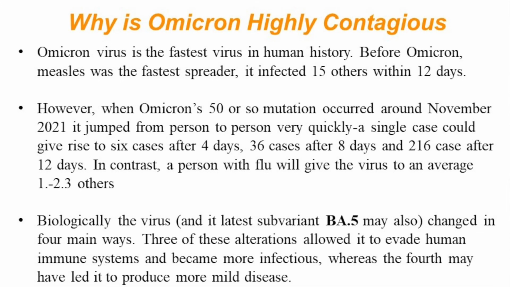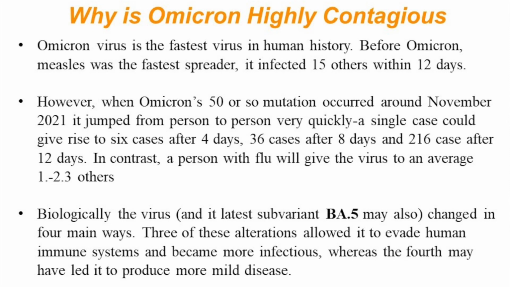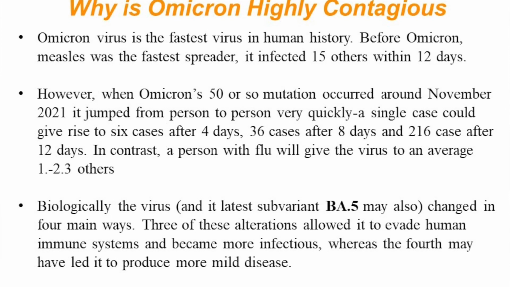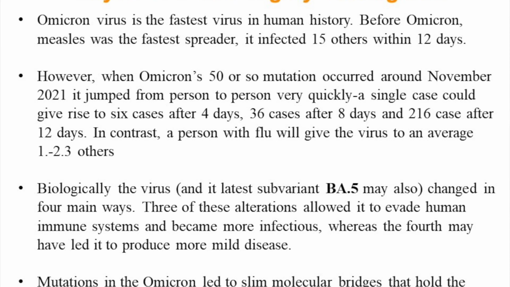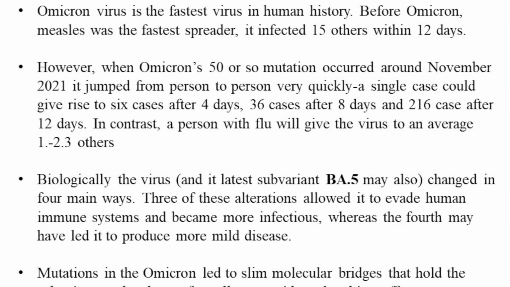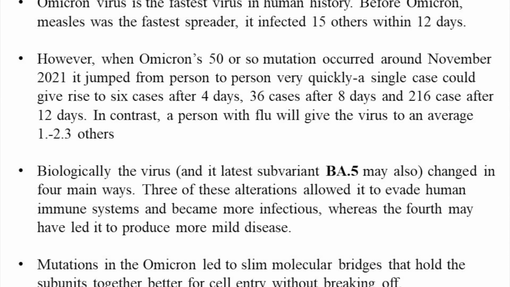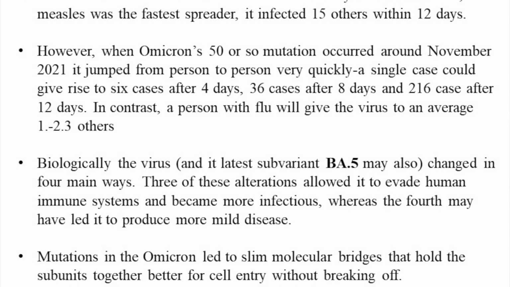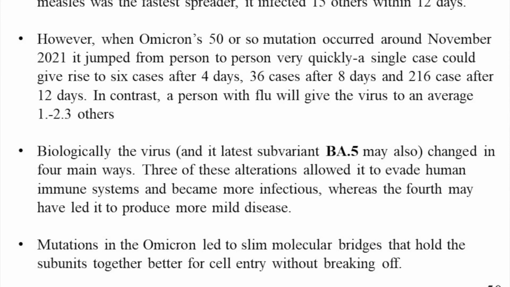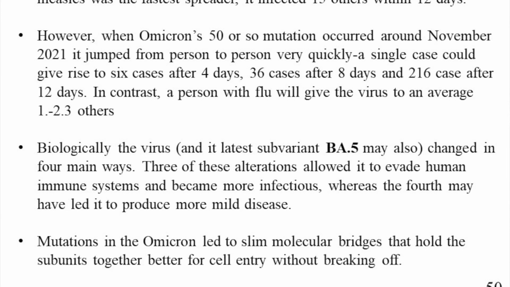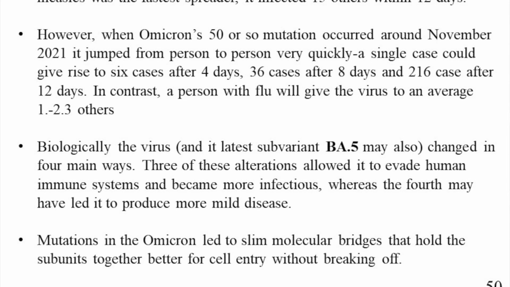That's sort of an eye-opener. Before Omicron, measles was the fastest spreader. It infected 15 others within 12 days. However, when Omicron's 50 or so mutations occurred around November 2021, it jumped from person to person very quickly. A single case could give rise to 6 cases after 4 days, 36 cases after 8 days, and 216 cases after 12 days.